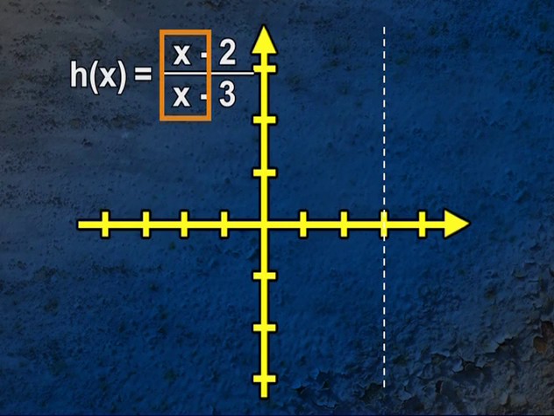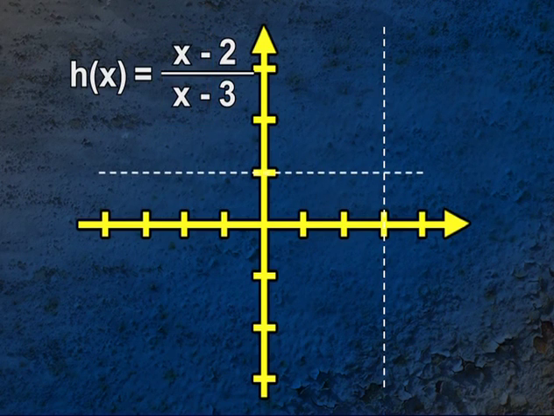Actually, we look at the degree of the numerator and denominator first. Those degrees are the same, and therefore, to identify the horizontal asymptote, we form a fraction composed of the coefficients of the leading terms in the numerator and denominator. Here, they're understood to be 1s. So it's the line y equals 1 over 1, or simply y equals 1.